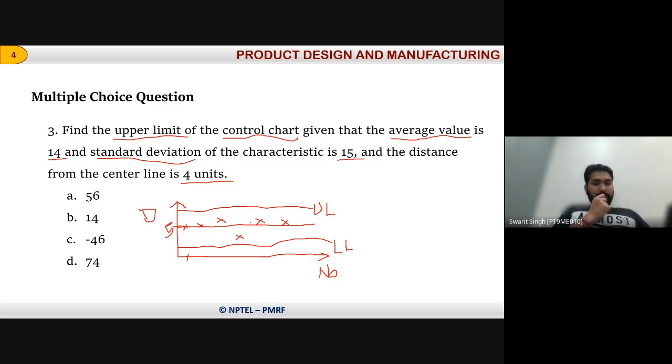Nikhil has done a calculation and he's saying 74. Option number D. Any other answer? We got two answers, 74 and minus 46.